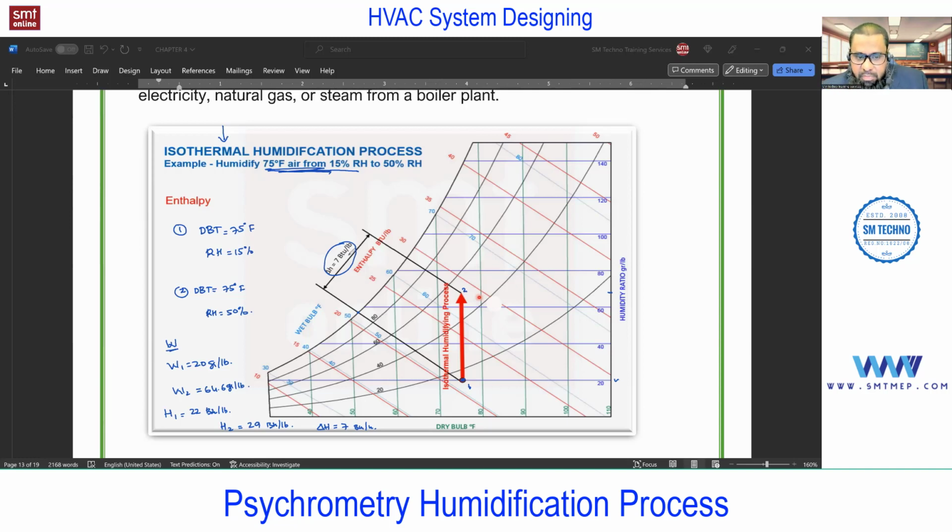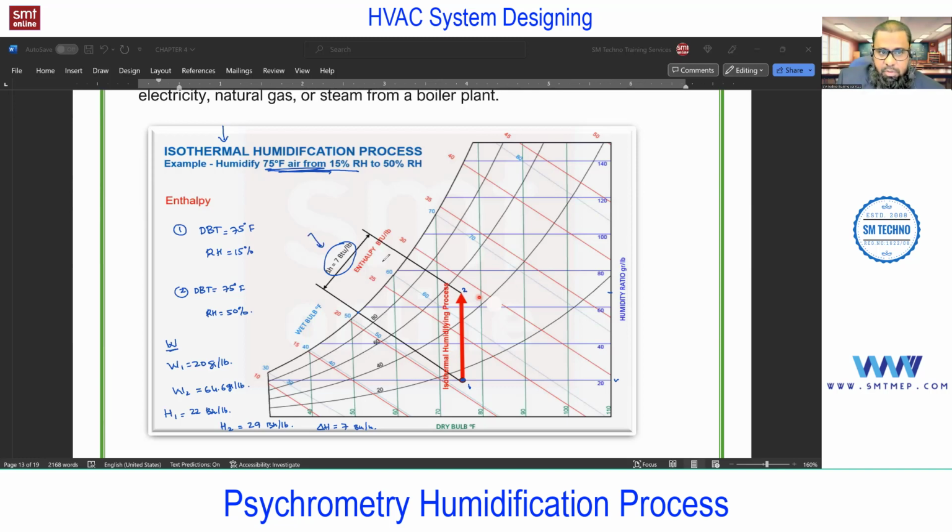So we're adding this 7 BTU of heat to the moisture so that it can evaporate and mix in the room so that the RH increases. At the same temperature, the RH is increasing because of the same temperature. If the temperature decreases or increases, the case will be different, because the holding capacity will be different. With the same temperature, if you add the moisture, RH will also increase, right?